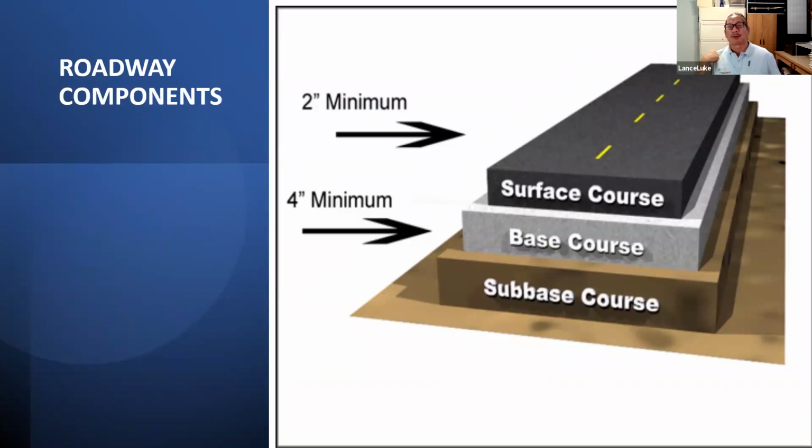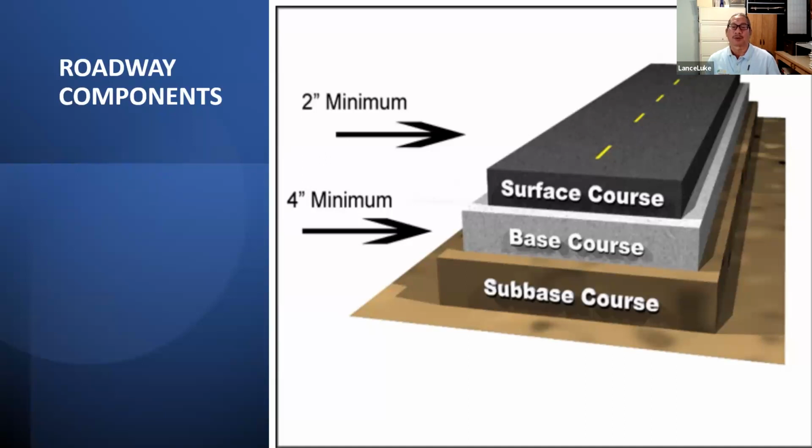So while you're driving on the road, you don't really think, well, what's under my tires, right? And sometimes you hit a pothole, sometimes it's smooth. But if you look at this image, here's what we have. We have the asphalt surface, which is a minimum of 2 inches. And then you have the base course, which is under that asphalt surface, which is 4 inches minimum.